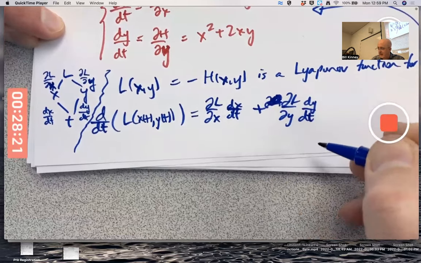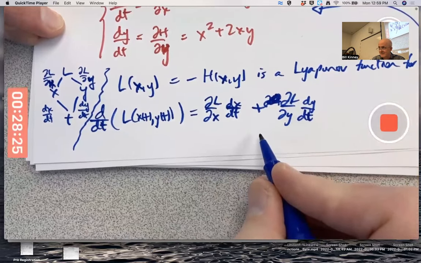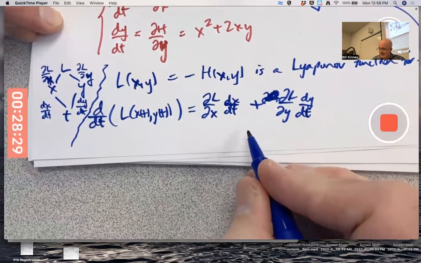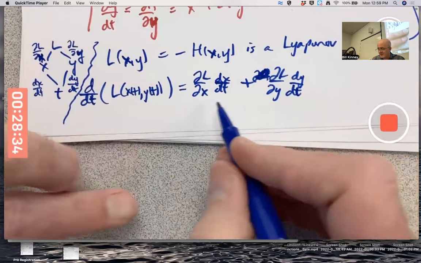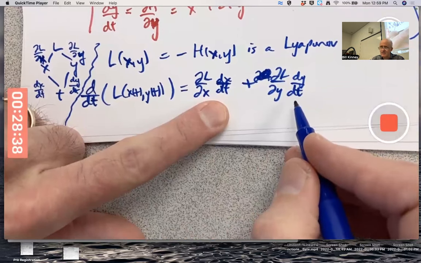Hey, another linear algebra connection. That looks like a dot product, doesn't it? It is. That's a dot product of the gradient vector, whose components are these partial derivatives, and the velocity vector of the solution curve. I won't say any more.